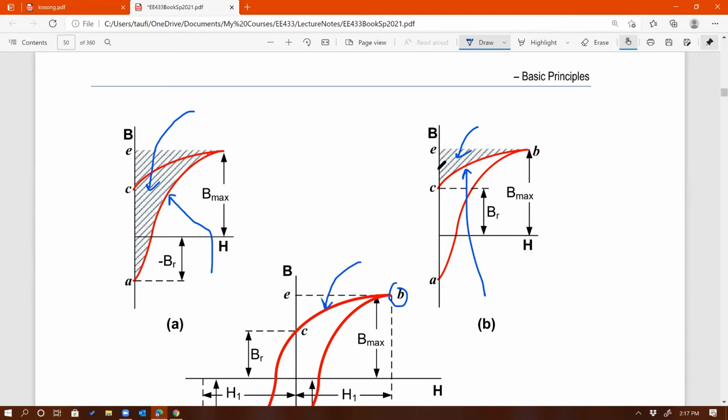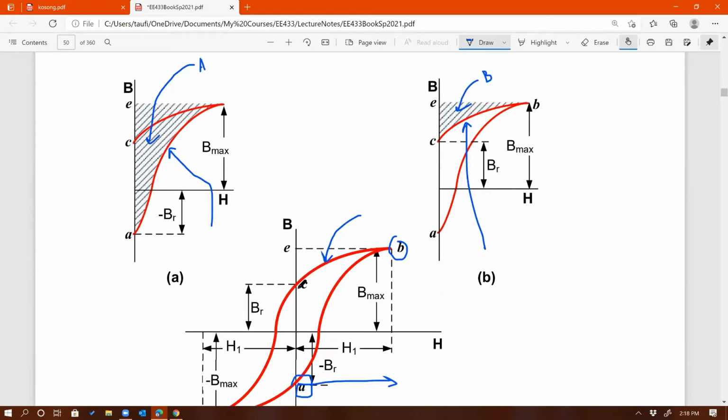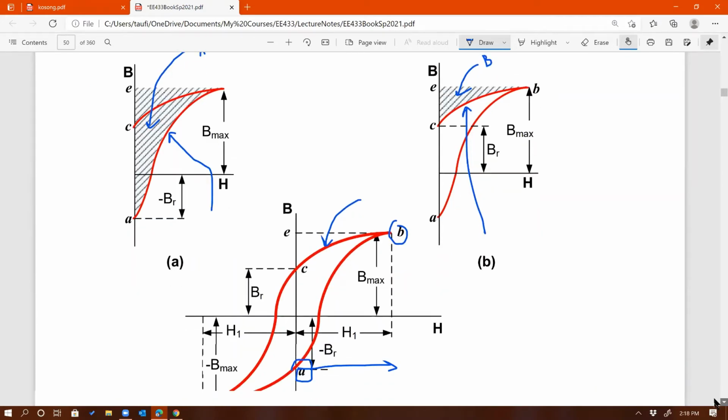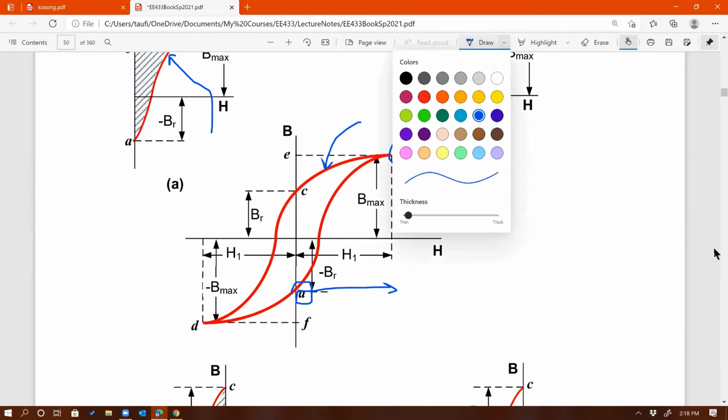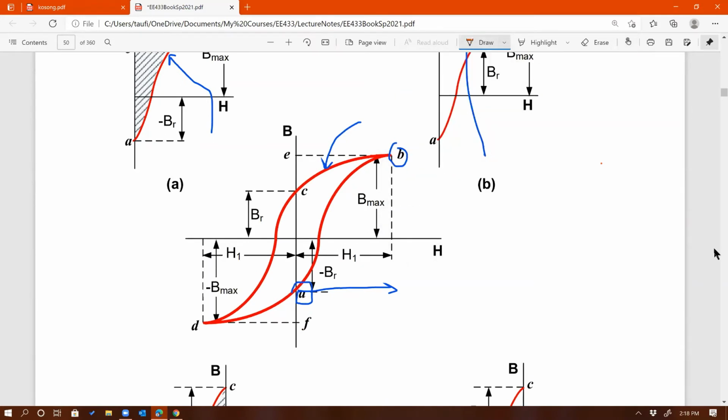Let's call this area A and the second area B, and subtract area B from A. So what do you get if you do A minus B? Then you get this area right here. I'm just going to use orange. So you're going to end up with this area.